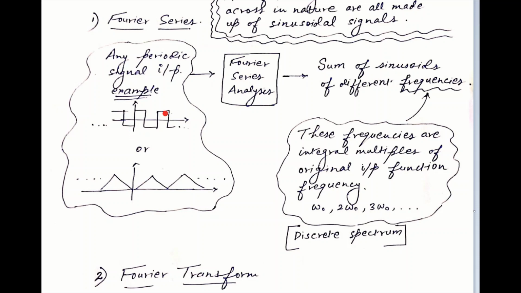For example, the frequency of this signal is omega naught. Then these signals will have frequencies omega naught, 2 omega naught, 3 omega naught, and so on till infinity. So we will have infinite terms here, and the frequencies will be omega naught, 2 omega naught, 3 omega naught, as such.